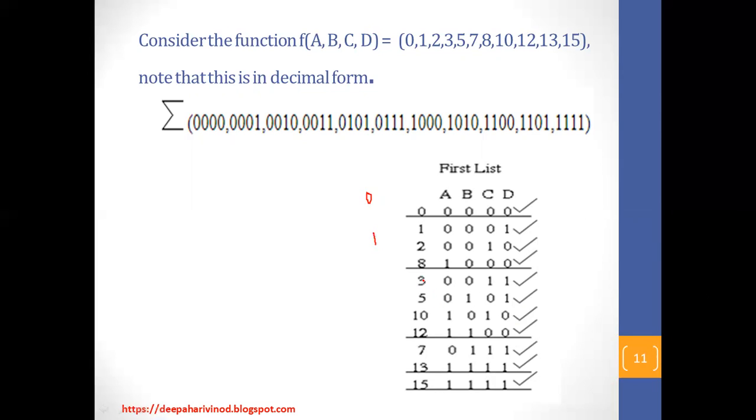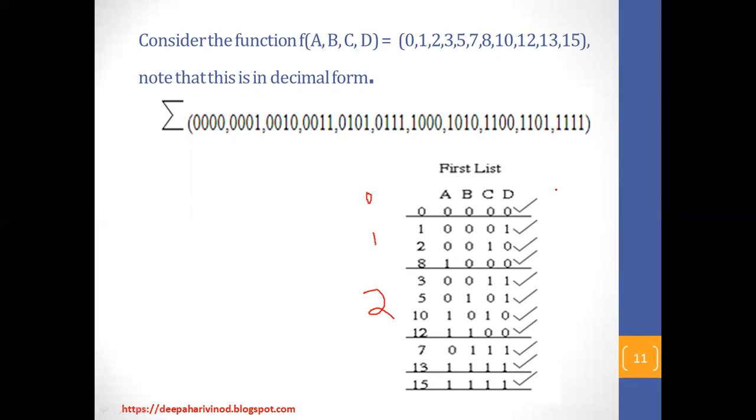Next is index 2, which consists of two binary number 1s. Here you can see two binary 1s, that is 3, 5, 10, and next is 12, 1100. So all this comes under index 2.